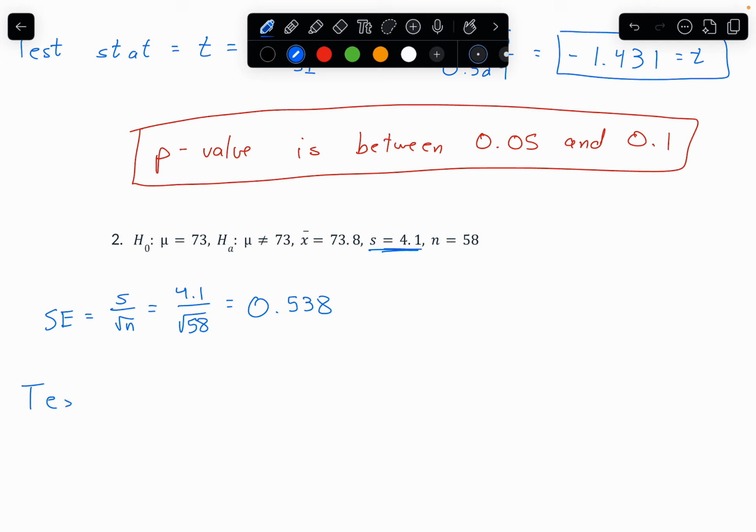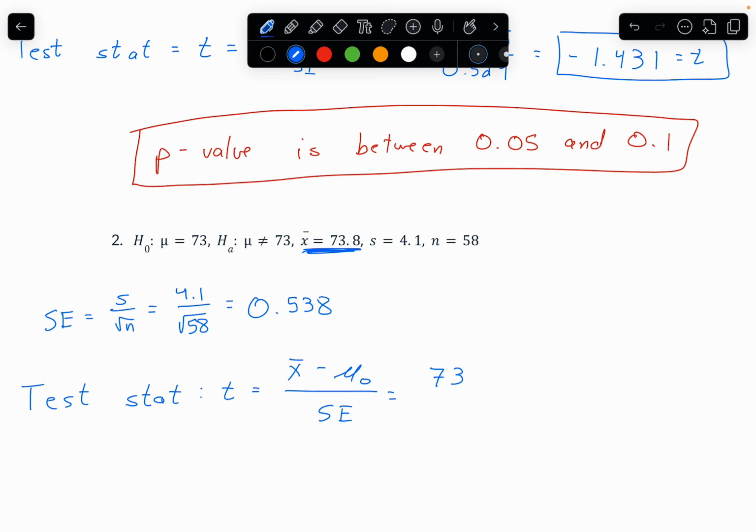Once I have that, I can go and find my test statistic. So my test stat is a t-score. I'm going to be using my t-distribution. And the formula for that is x bar minus mu naught divided by our standard error. So x bar coming from our sample mean, so we're looking at this guy right here for our x bar, that is 73.8.